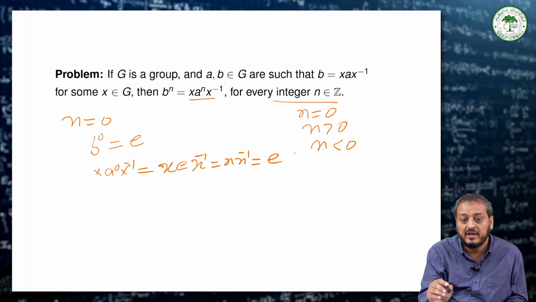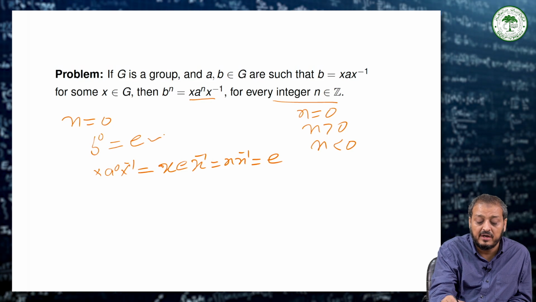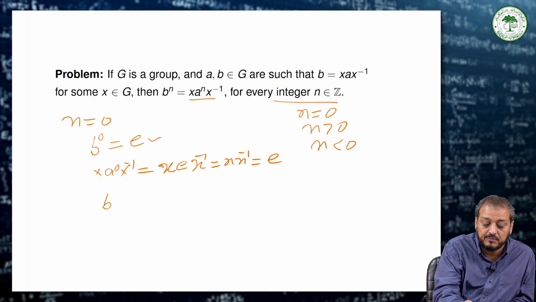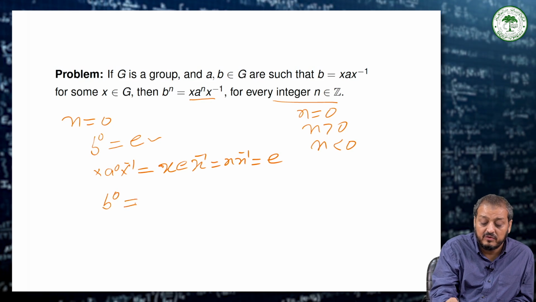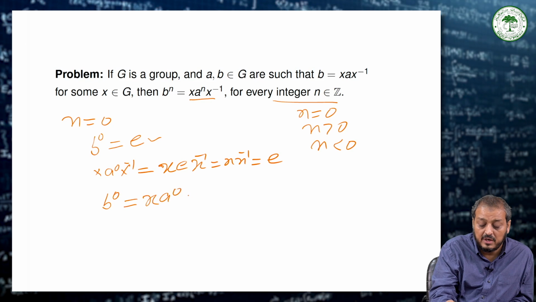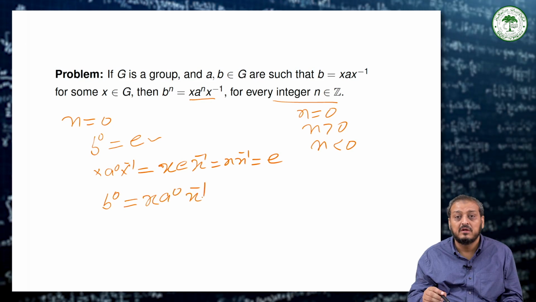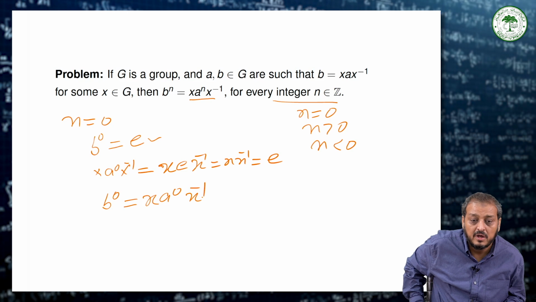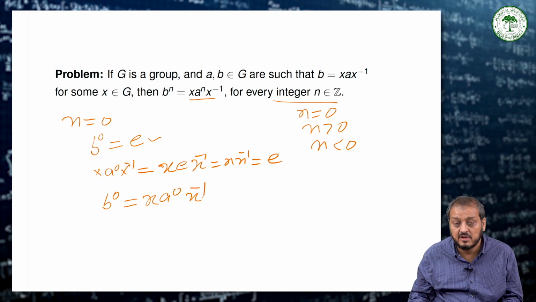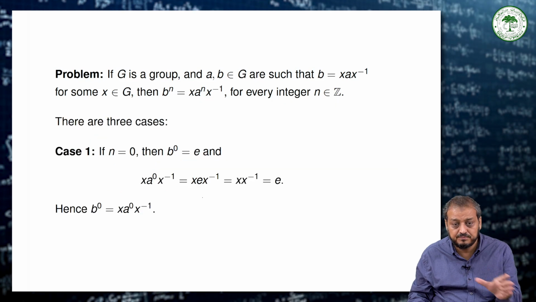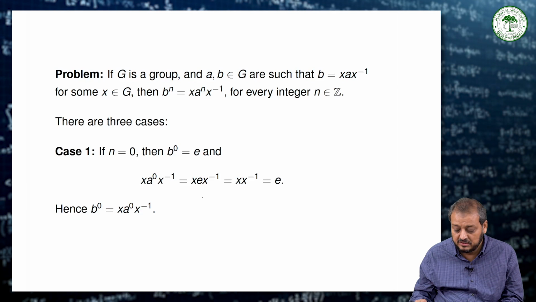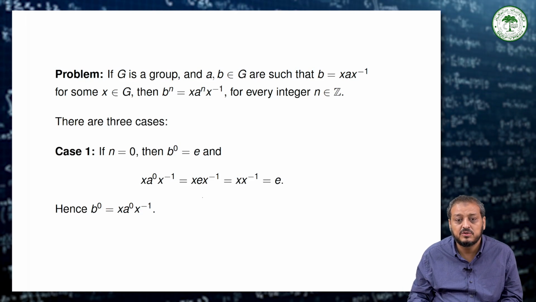So b to the power 0 is identity and x a to the power 0 x inverse is also identity. So b to the power 0 is equal to x a to the power 0 x inverse, and in the case of n equal to 0 the result is true, trivially.